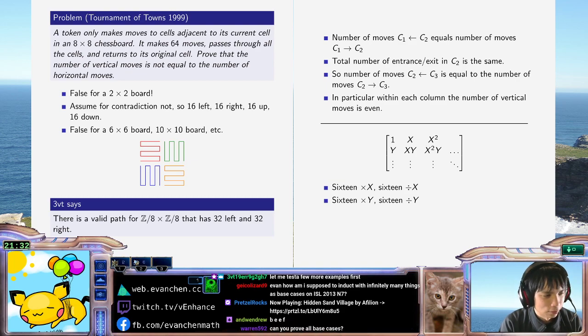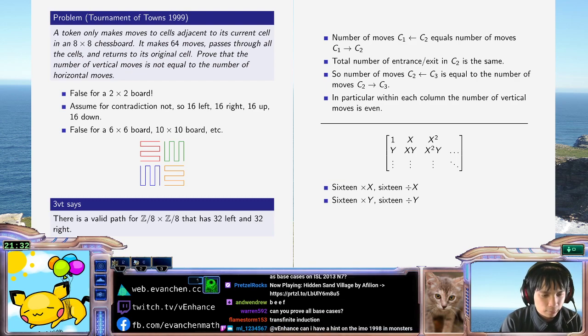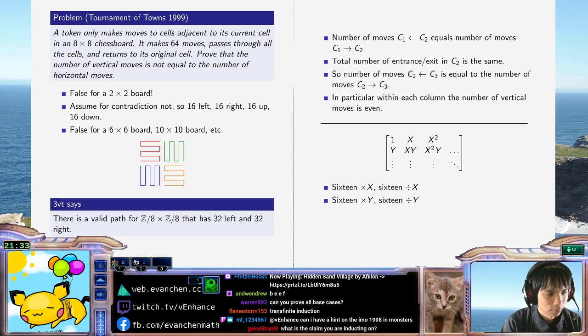Alright, so we're just doing this. No, actually. Do I want plus or times? So I'm gonna take the product of the path in alternating things. So let p be the product of the path.